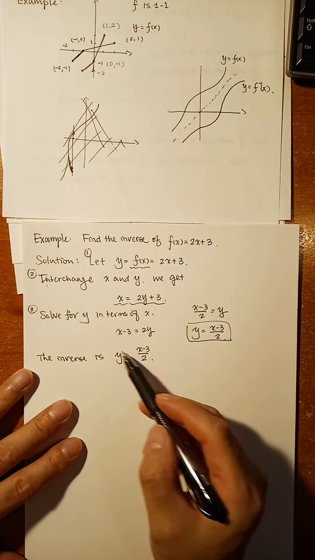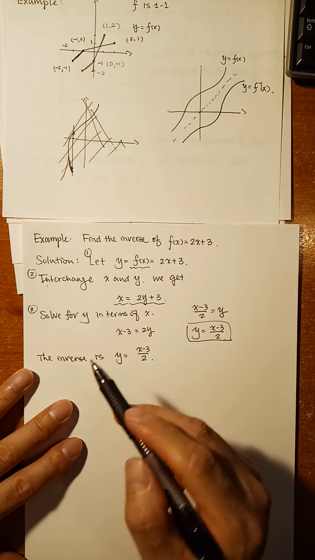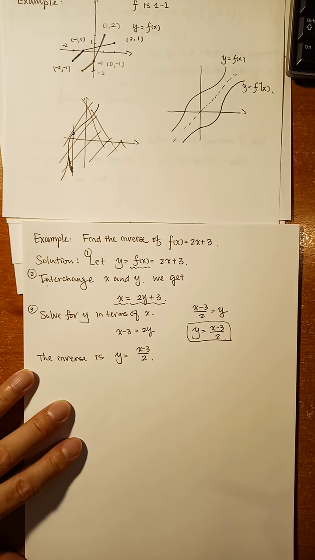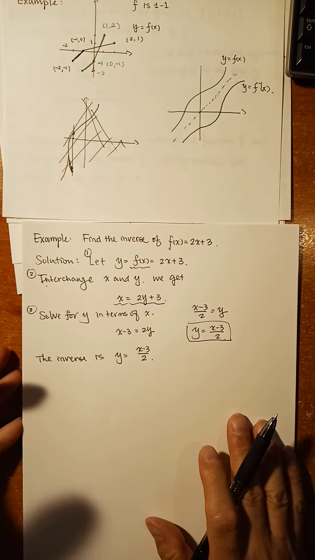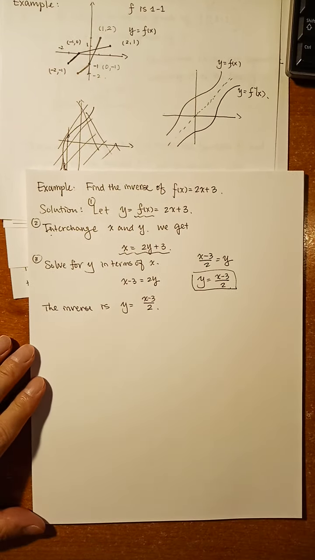Possibly the difficult step will be the third step because you're really going to solve for y in terms of x. Different functions will give you different difficulty, so you have to be able to solve certain equations. And then the final answer will be the inverse function.